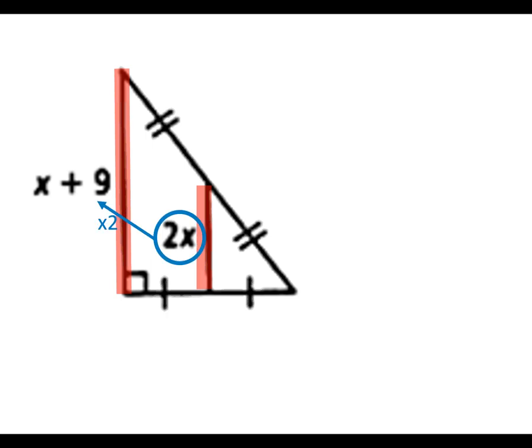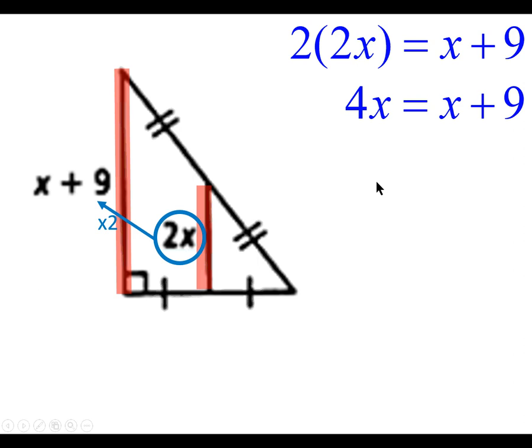So for this problem, you want to take 2x, double it, and set that equal to x plus 9, and then solve for x. If you do that correctly, you get 2 times 2x is equal to x plus 9. We simplify on the left side and have 4x is equal to x plus 9. The rest of the algebra, we're simply going to subtract x from both sides, and then divide by 3. We'll get x is equal to 3.